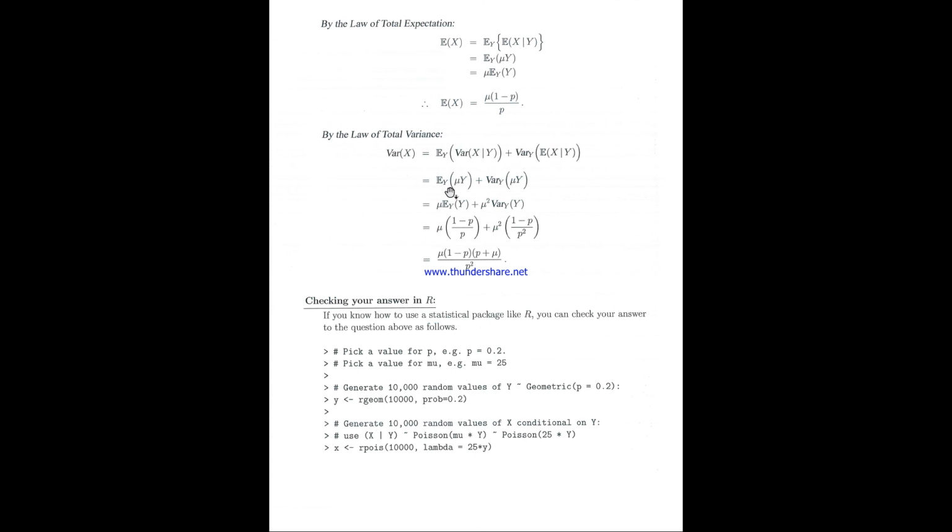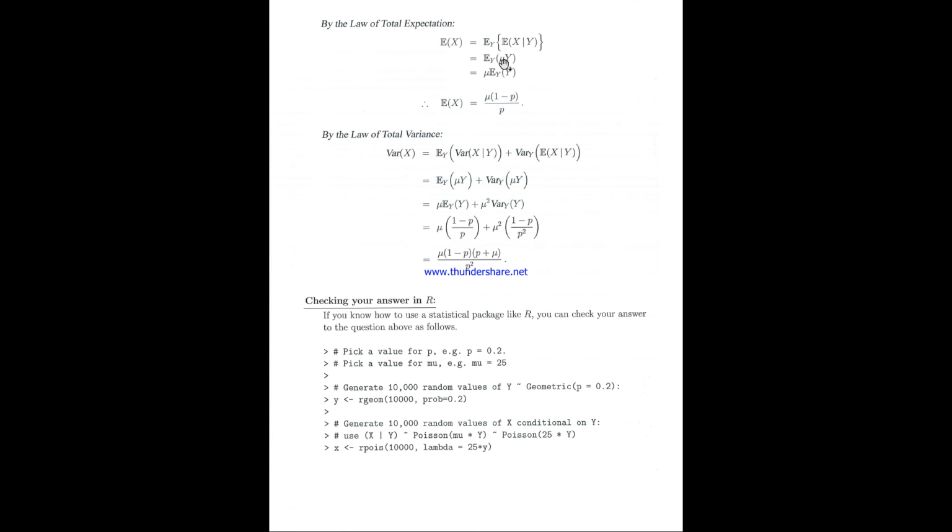Okay, so now we are going to calculate the expected value of x with the condition on y. You can take this formula from the law of total expectation that we discussed: expected value of x is equal to expected value of y of expected value of x given y. Now we have found expected value of x given y, so we can replace it by mu y inside the expected value of y.